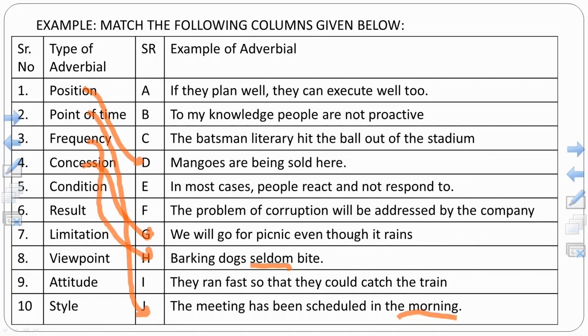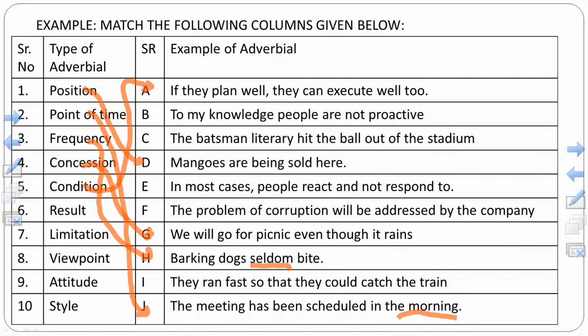Now condition, as we discussed just two slides back, it shows condition, like if and but, which shows the kind of condition. Like here we can see, whenever you see the word if, it means there will be a condition. Now the sixth one, that is result.